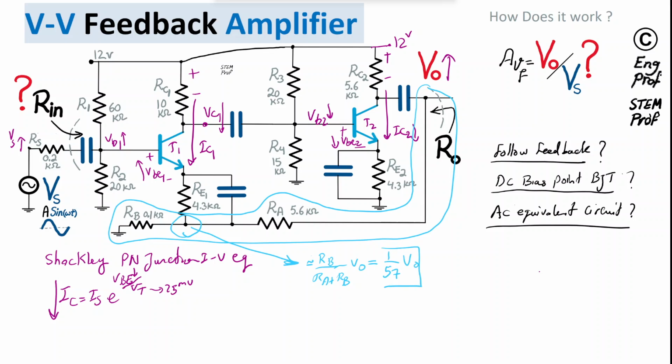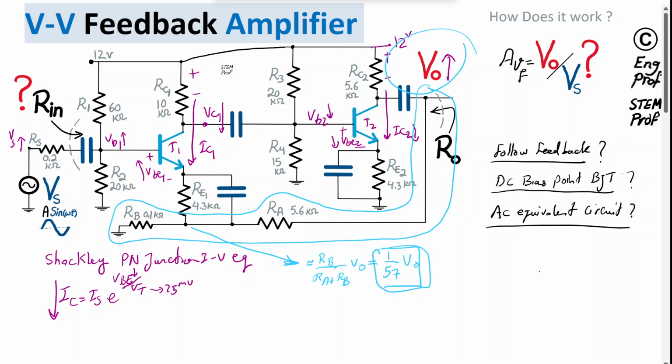A fraction of the output voltage appears here, and please note that AC-wise we are shorting RE1 via this bypass cap that is shorted at the AC frequency, so from an AC perspective RE1 doesn't exist. AC-wise the emitter is connected directly to this point, so this fraction of the output voltage appears at the emitter of transistor T1 AC-wise.